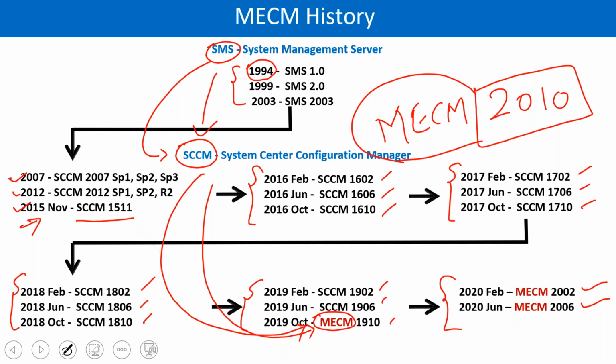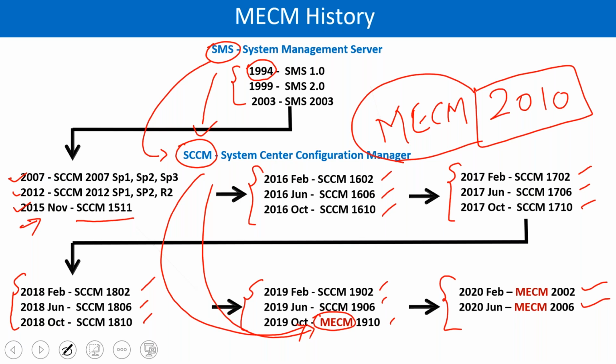If you would like to know the changes, I will take you through the slide or the Microsoft website, which talks about what all things have been added. But the architecture and framework is the same between SCCM and MECM. It's one and the same thing.